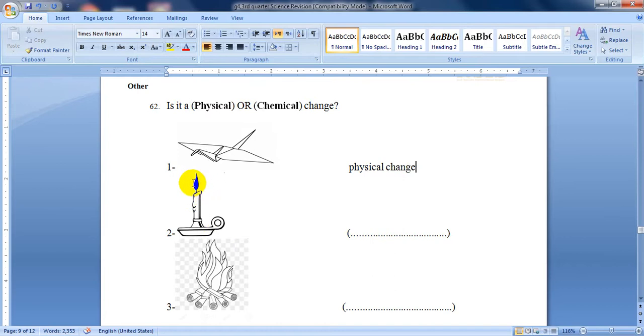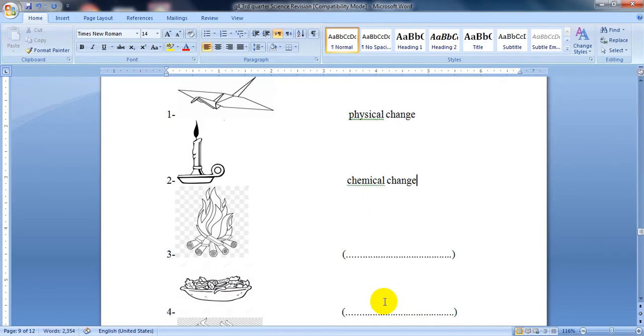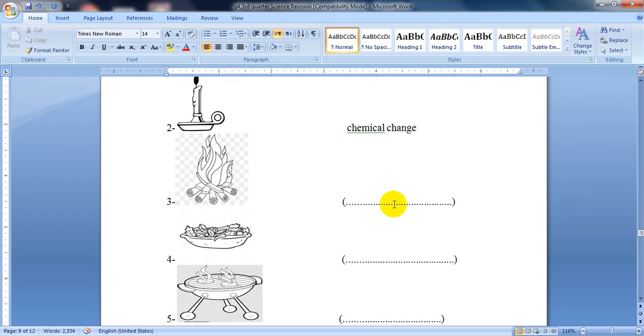Let's move to the next. Here the candle. If we have a look here, we have fire, so the color of this string changes. So which kind of change is it? It's a chemical change. The next one, burning of wood. Also burning, we have fire, so it's a chemical change.